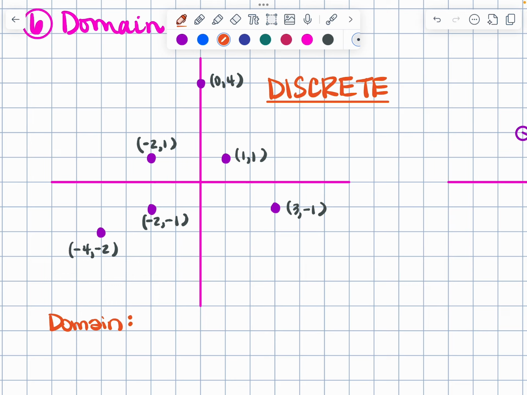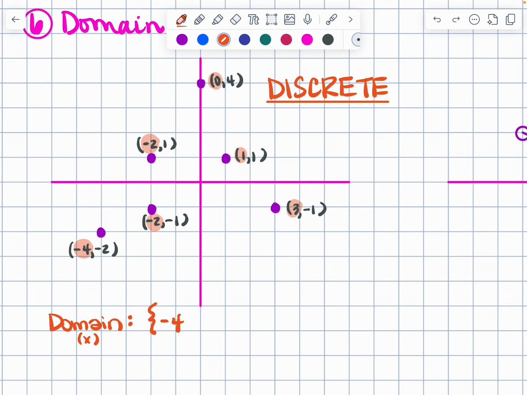So when I'm doing domain, remember, domain is the set of all the x values. I'm literally just going to look at what all the x values are that those points take on, and I'm going to write them from least to greatest, which means from left to right, and I don't want to list any repeaters. So from left to right, my domain is -4.